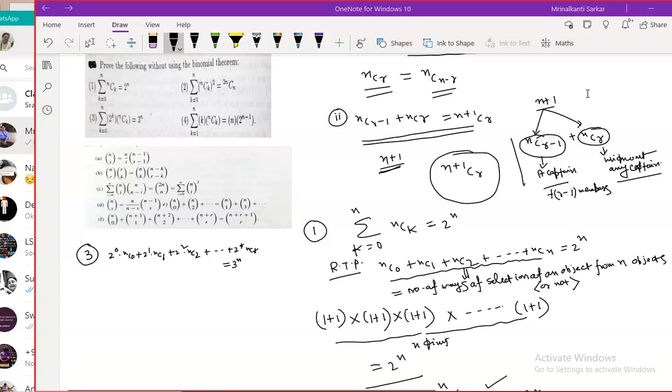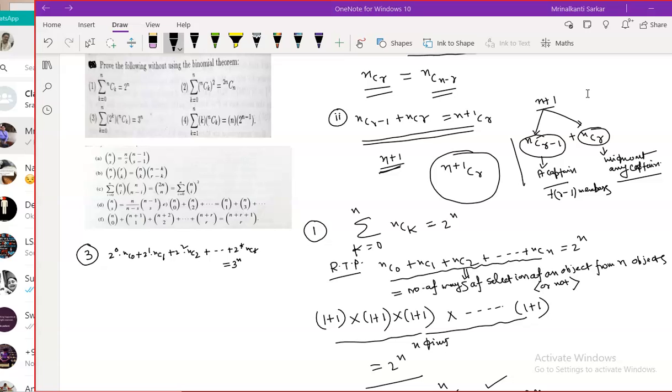We are thinking about it in a bit different manner. Just imagine that you have done the selection of k people from n. In how many ways can it be done? In nCk ways. The number of ways of choosing k persons for a committee out of n is nCk.